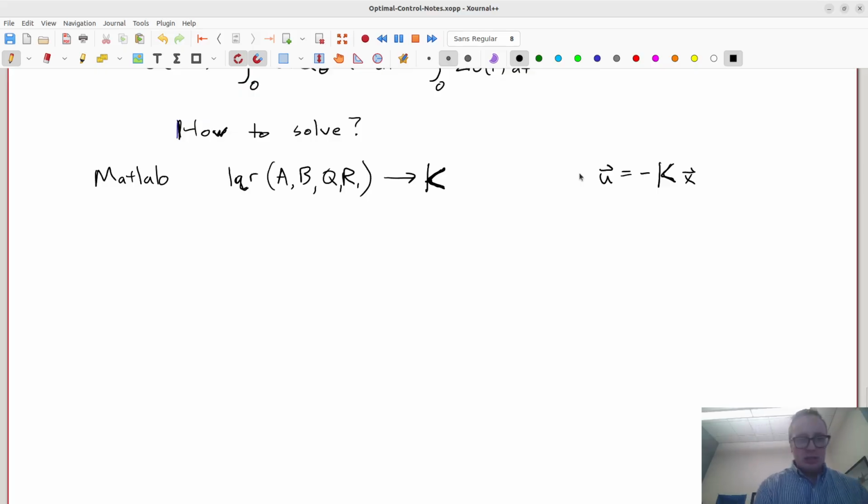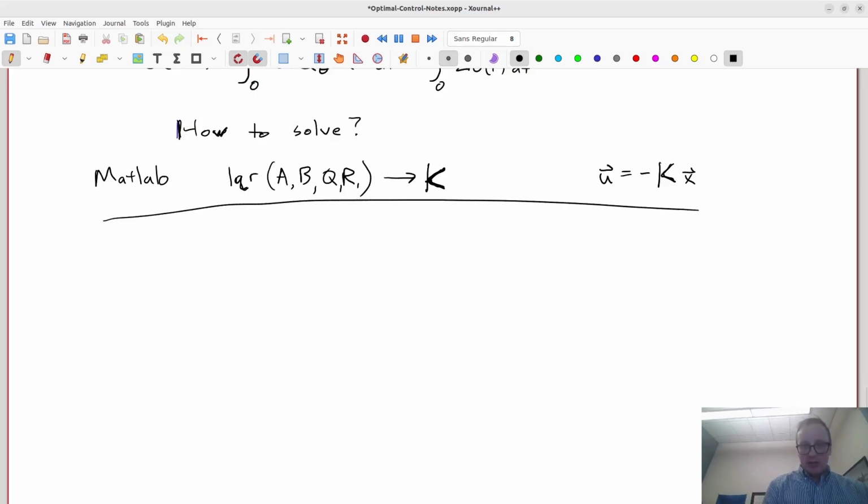Okay, so why do we get this solution? Our optimization problem, our objective function at least, is to minimize J(x(t), u(t)). And by the way, I'm going to skip over some details to make this math a little easier to understand. But still, this math is going to be advanced for where you're at as a junior in an aerospace engineering program.